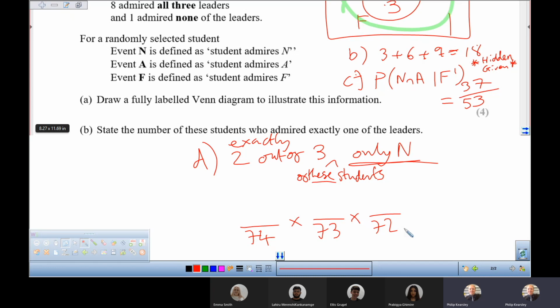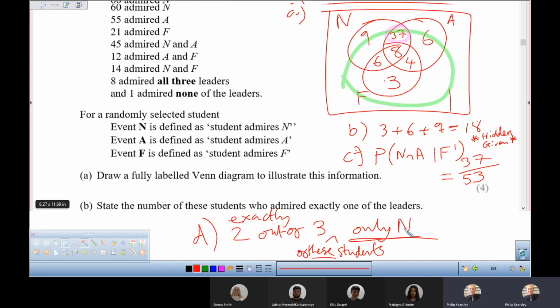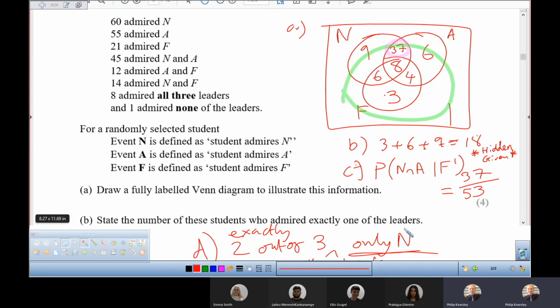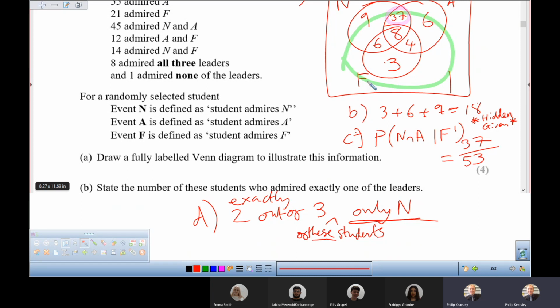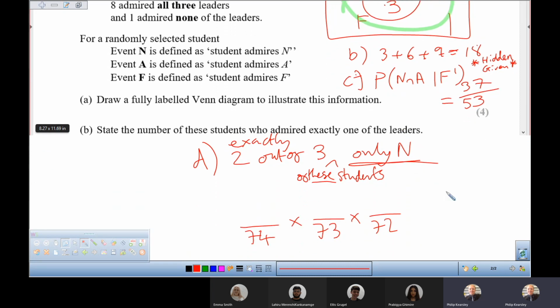Only N. Only N. So we look for that 9. Let's try and explain the situation. Let's say yes, yes, no. If the first one is one of the 9, the second one is one of the 8. That makes sense, because there's one less person to pick.